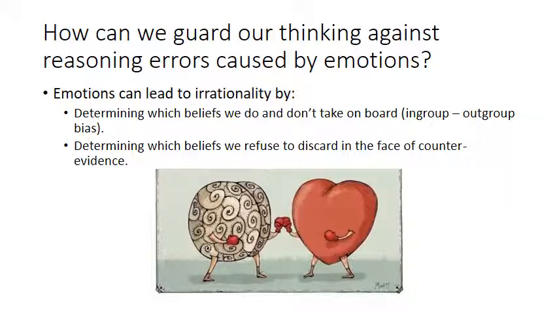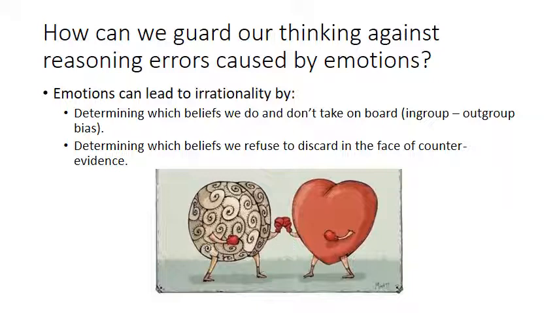We take them on without much critical gauging if they're actually rational, if they're supported by evidence and so forth. And it seems that we're very uncritical, too uncritical, often it turns out, of information, beliefs, opinions, predictions that come from people in the out-group. So that's one first important way in which emotions bias our beliefs by determining which beliefs we take on board.